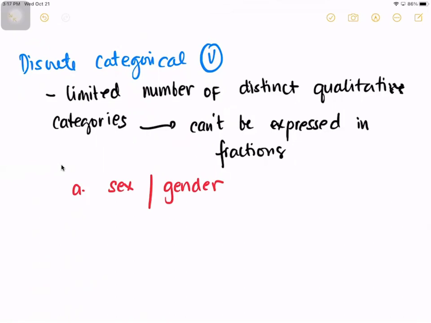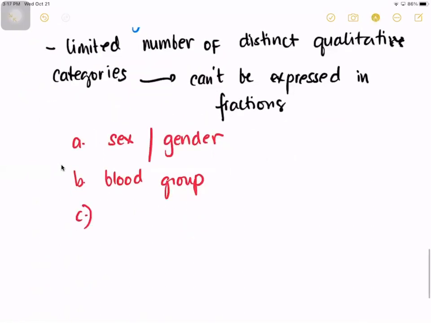Then we also have blood group: blood type A, B, AB, O, A plus, A minus. Can we also consider ethnicity as a discrete variable? Yes, because there is only a limited, certain number of ethnicities. So it has a limit.